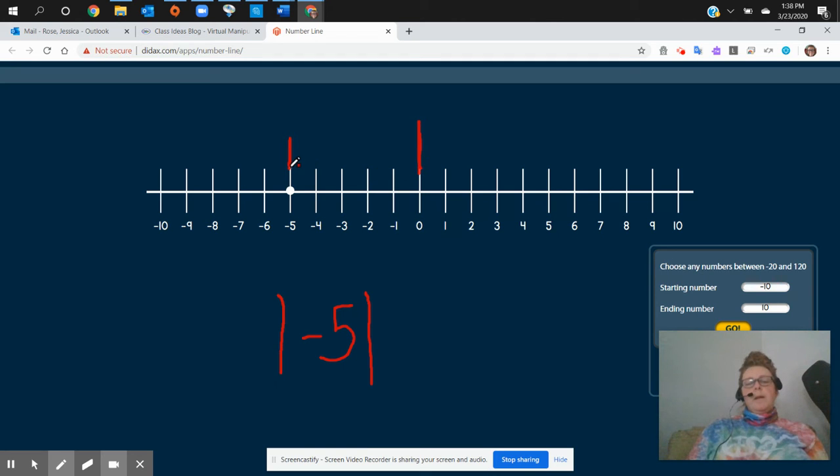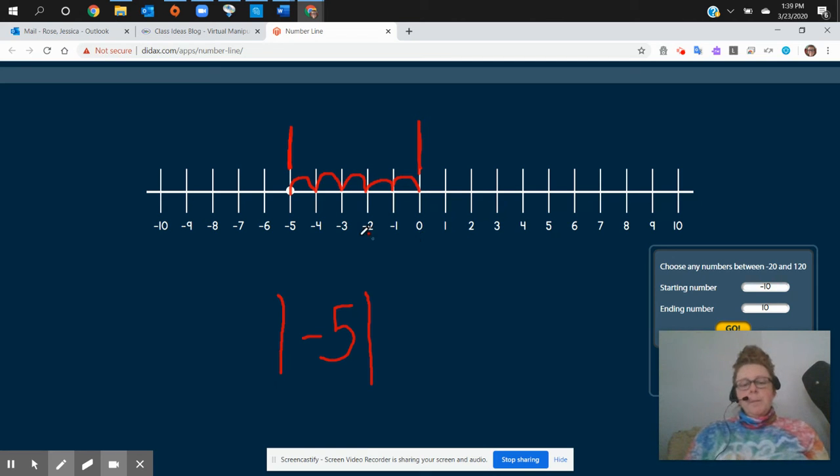So absolute value actually measures the distance from the number, the value inside the bars, to 0. And this is how we count that. I start at negative 5 and I say 1, 2, 3, 4, 5. And now I stop because I'm at 0.